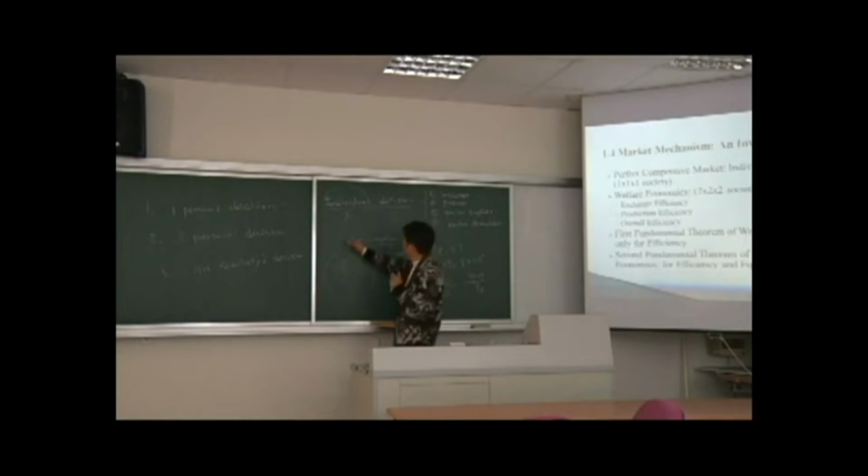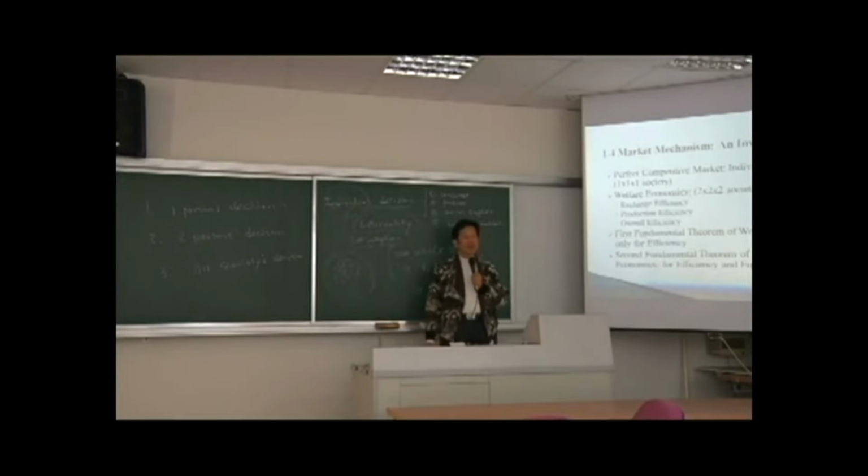So this is psychology. The other way, we can call this externality. Because in real life, when we make decisions, sometimes you consider your individual benefit, but sometimes you need to consider group benefit.